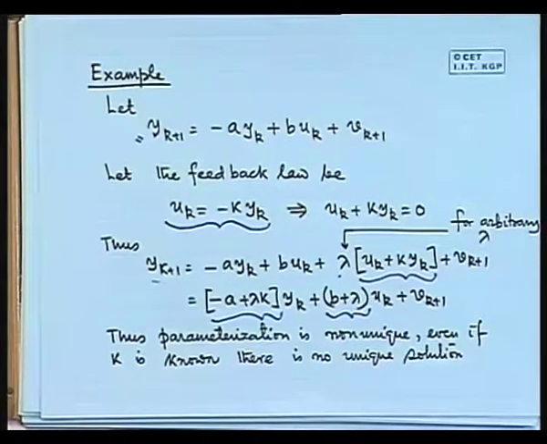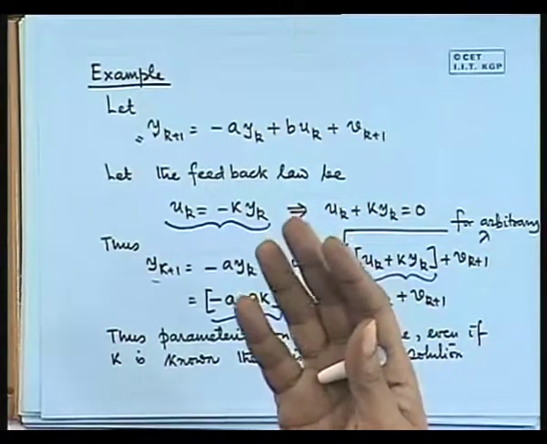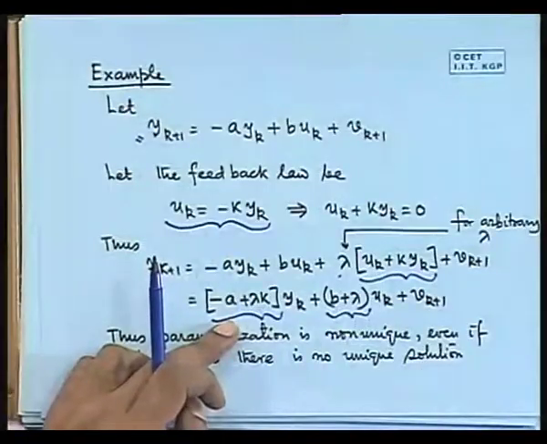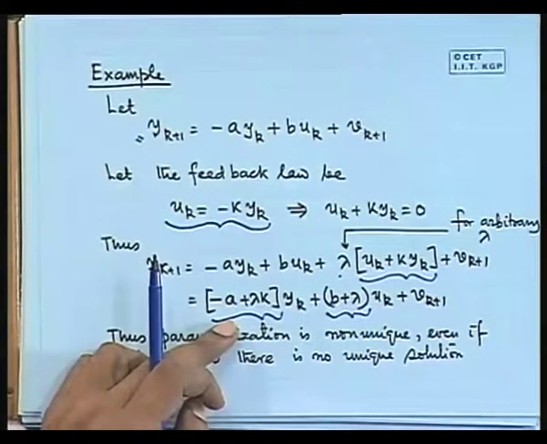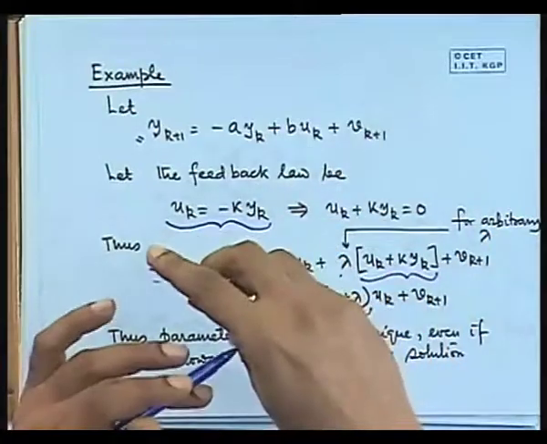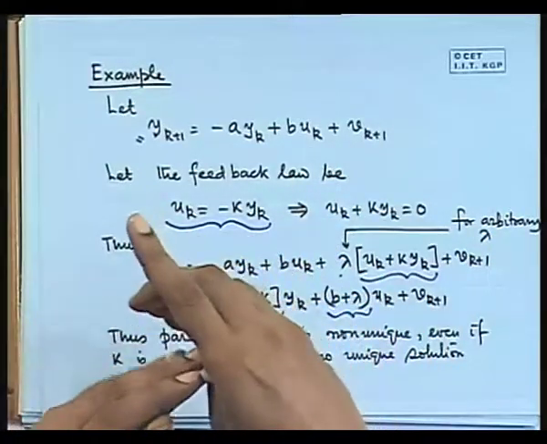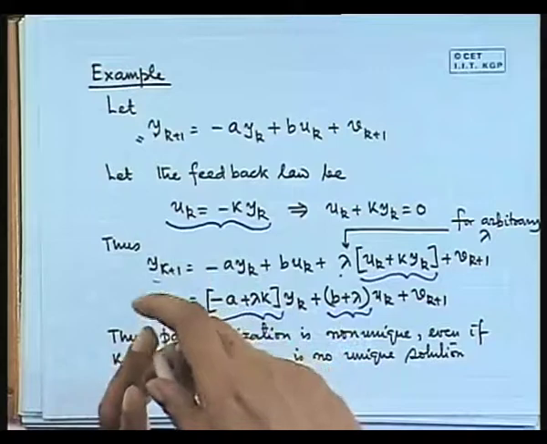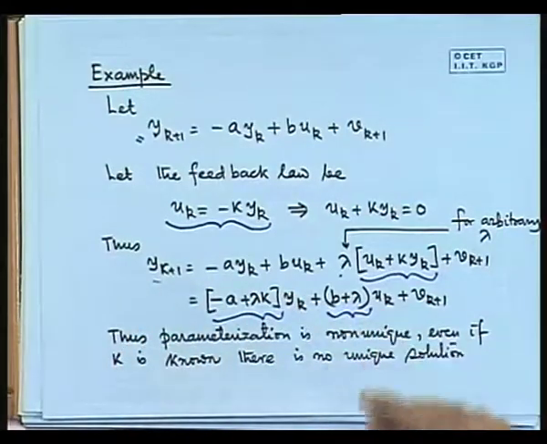And not only that, the worrying part is that even if you know k, even if you know the feedback law, you cannot solve it out because this lambda is arbitrary. You don't know what lambda is, it can be anything. So you will never get it. This is a typical case where there is multiple parameterization, I mean non-unique parameterization, in the presence of feedback, right?